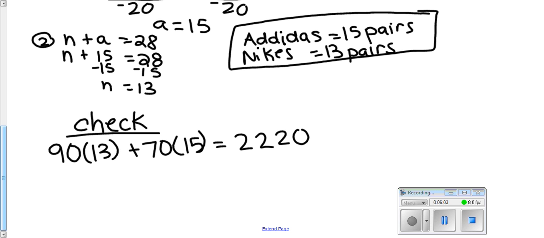And we're also going to check the other one to see if that's true. So 13 plus 15 equals 28, and that is correct. So that's how we know that we solved both of these problems correctly, and that's how we know what our answer is for that one.